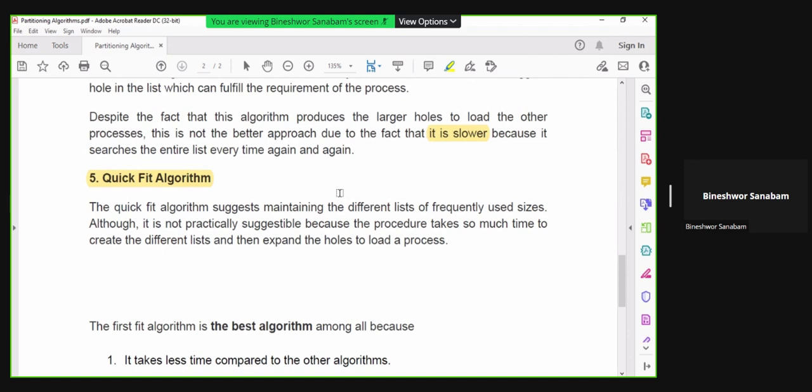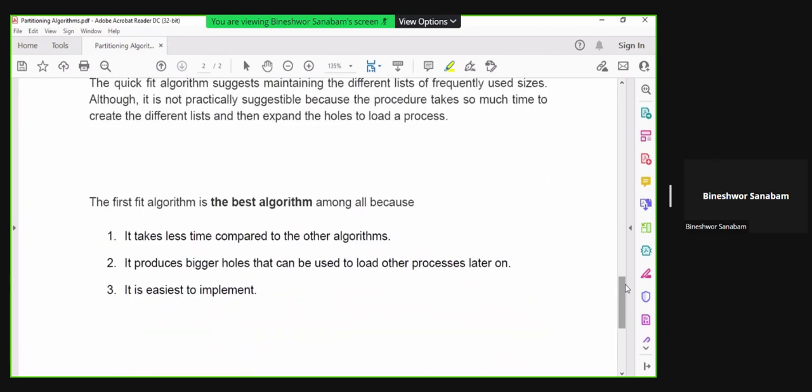So it suggests maintaining a separate list of frequently used sizes. But it is not practically suggestible, as it is practically difficult to implement, since maintaining two different linked lists would be a problem.